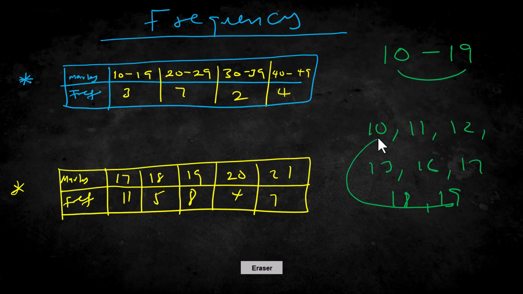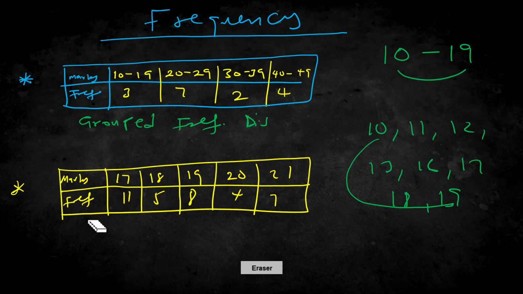That's the idea. So when you see something like this, these are called grouped frequency distribution.